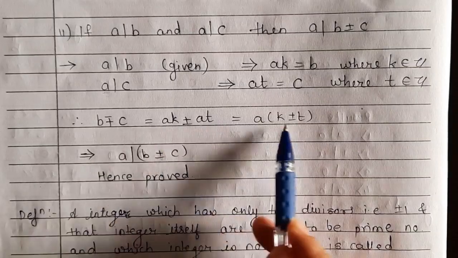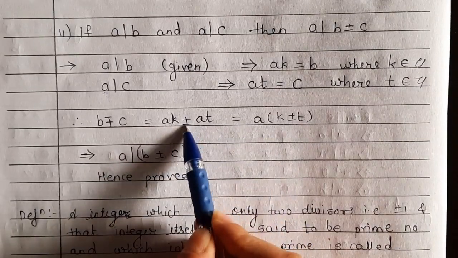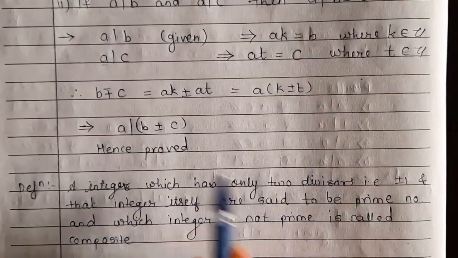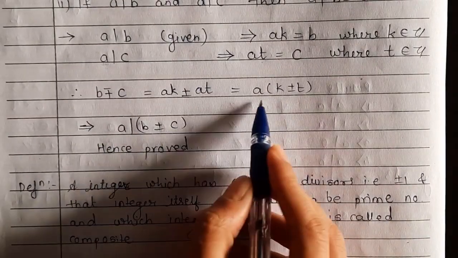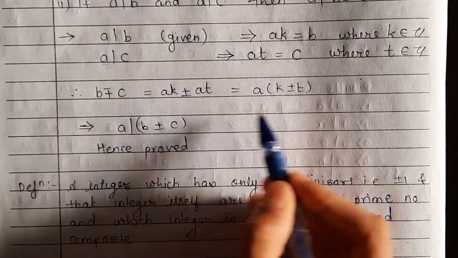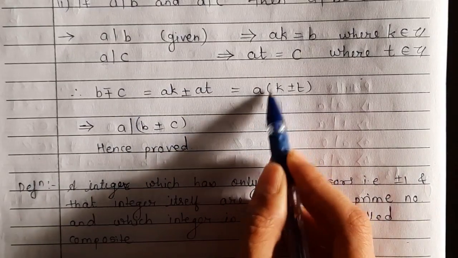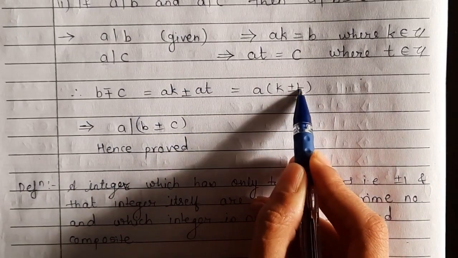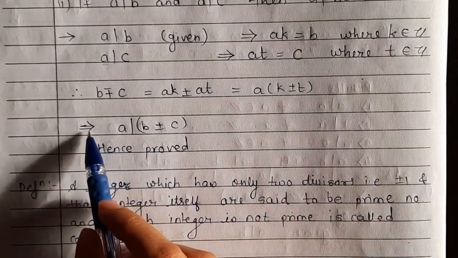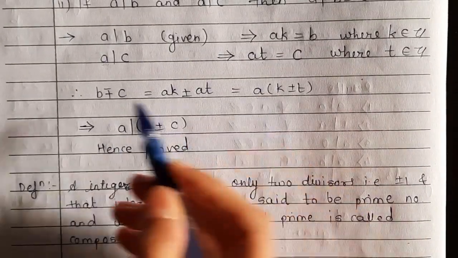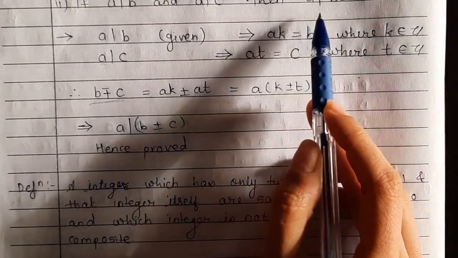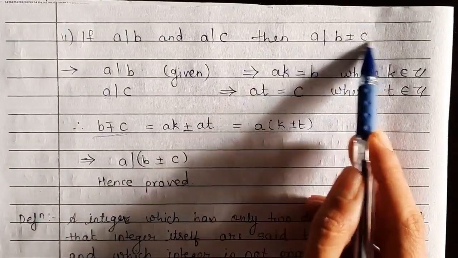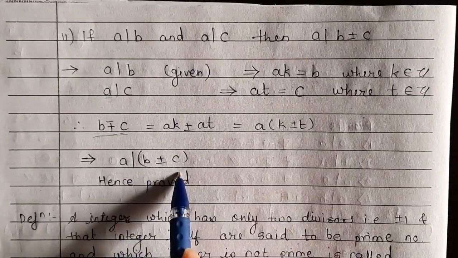Here we took a common, so we got b plus or minus c is equal to a into k plus or minus t. So we write a divides b plus or minus c. Hence we have proved this and we get this result.